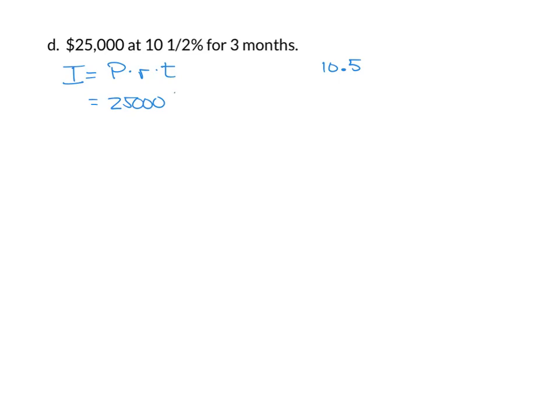And if we move our decimal point 2 to the left, we get 0.105. 3 months, again, I need to figure out how much of a year this is. So we're going to go 3 over 12 months. If we simplify the fraction, this is 1/4. If you want to write it as a decimal, this is 0.25.